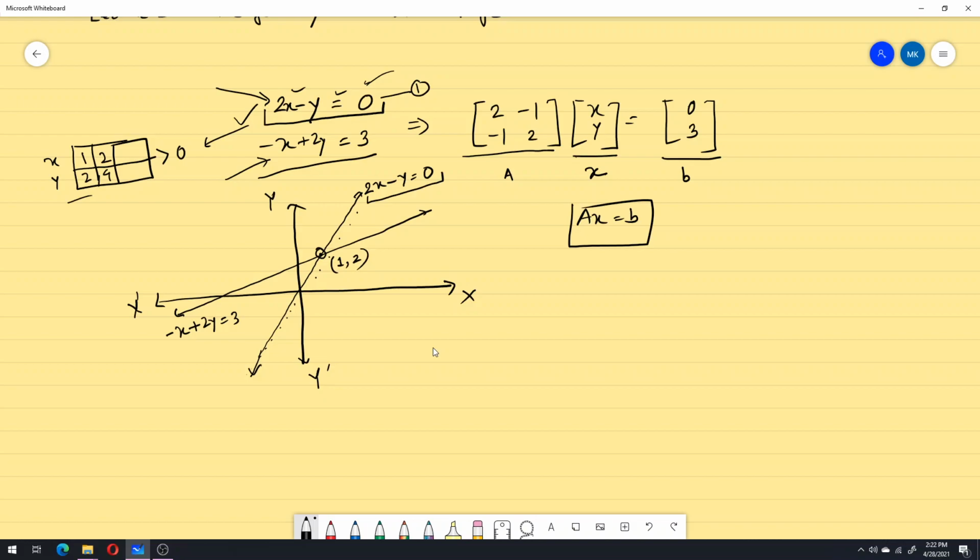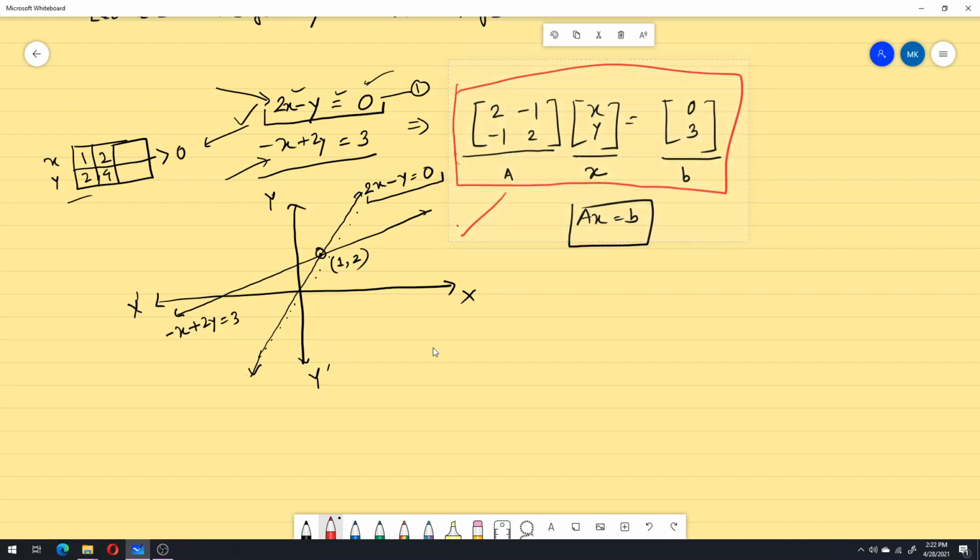This is the solution. So this is the complete picture for a 2D coordinate system for a linear system of equations which has two equations in this case, where you draw individual straight lines for the two equations and get one intersection point which is their solution.